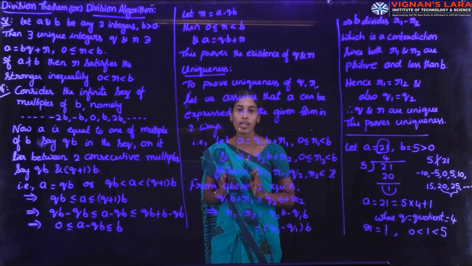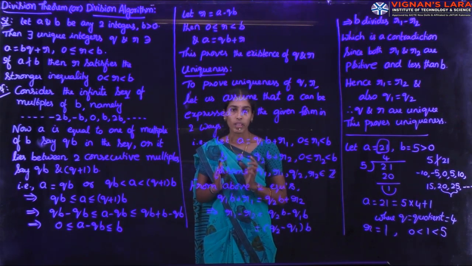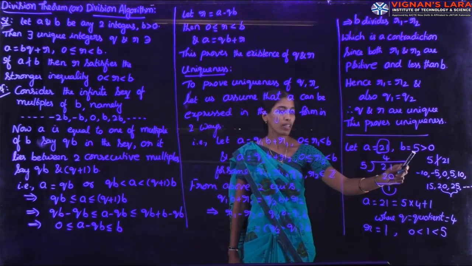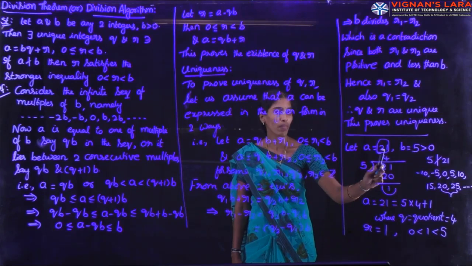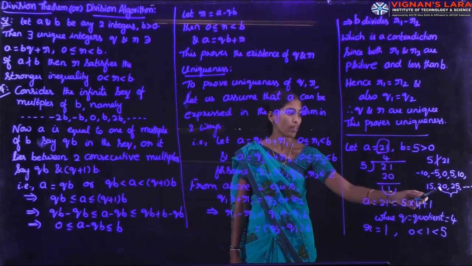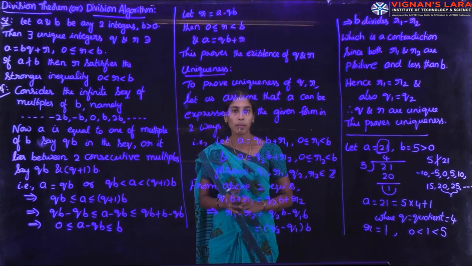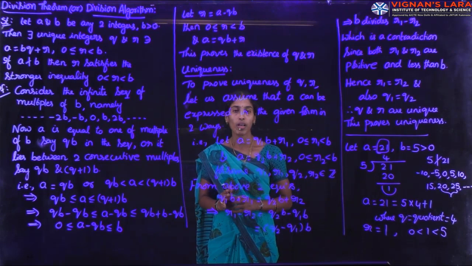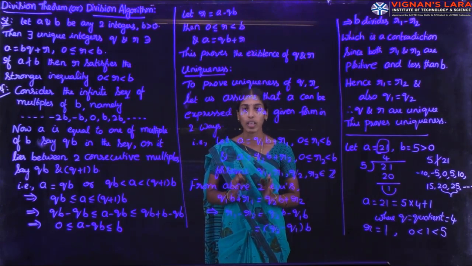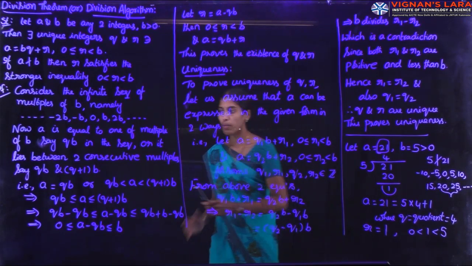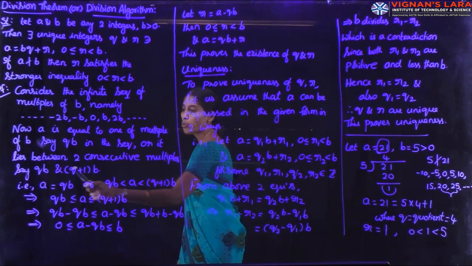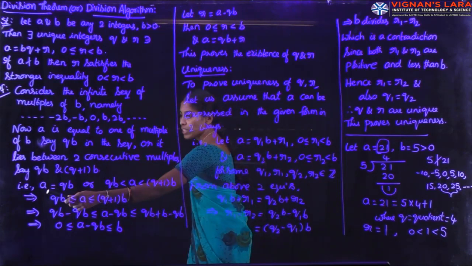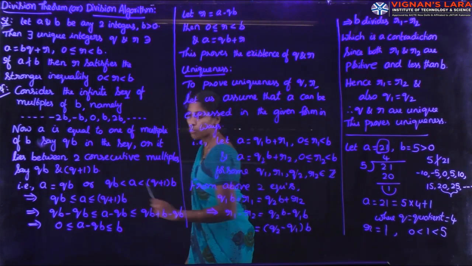When this A value is equal to QB, it means A is a perfect multiple of B. Here 21 is not a multiple of 5, therefore 21 lies in between 20 and 25. If it is a perfect multiple, its value is equal to QB. If it is not a perfect multiple, then A must lie in between two consecutive multiples of B. Those are taken as QB and (Q plus 1) into B. So if it is a multiple of B, we write it as QB.